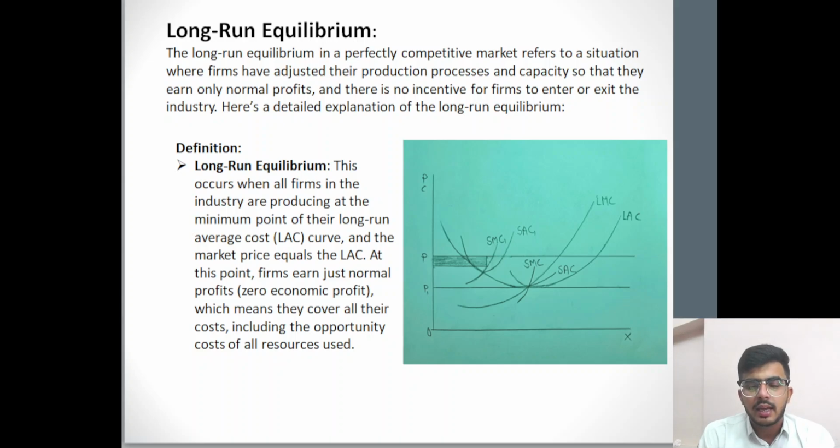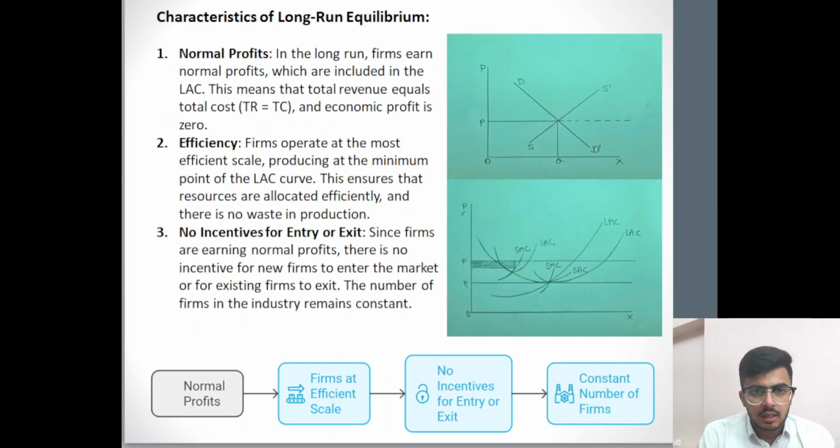Here's a detailed explanation of long run equilibrium, which is also shown in the figures. The firms produce at minimum long run average cost, LAC, and only normal profits are earned, with no incentives for entry and exit.